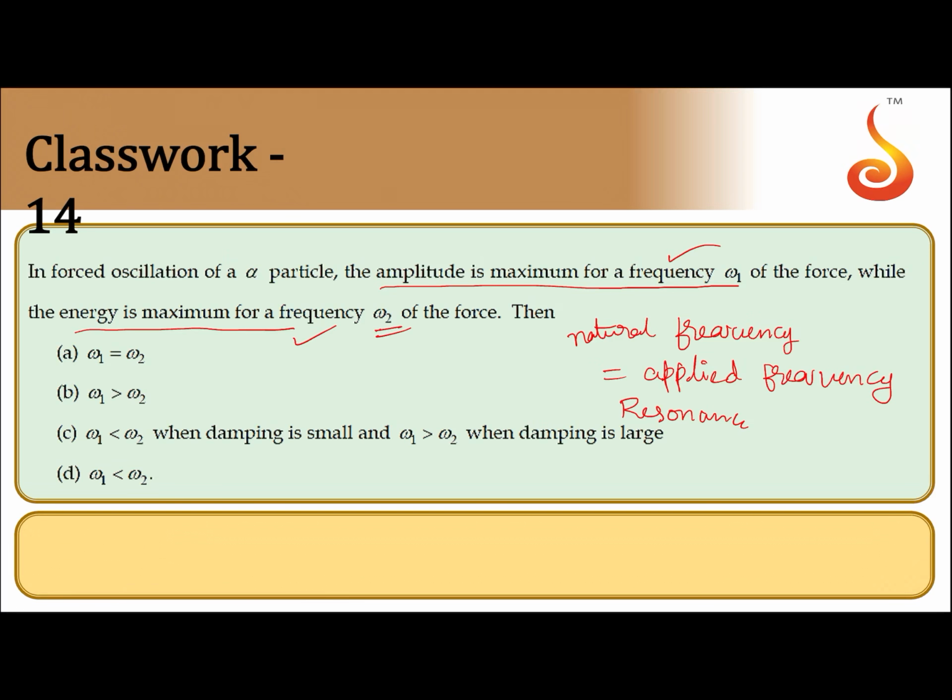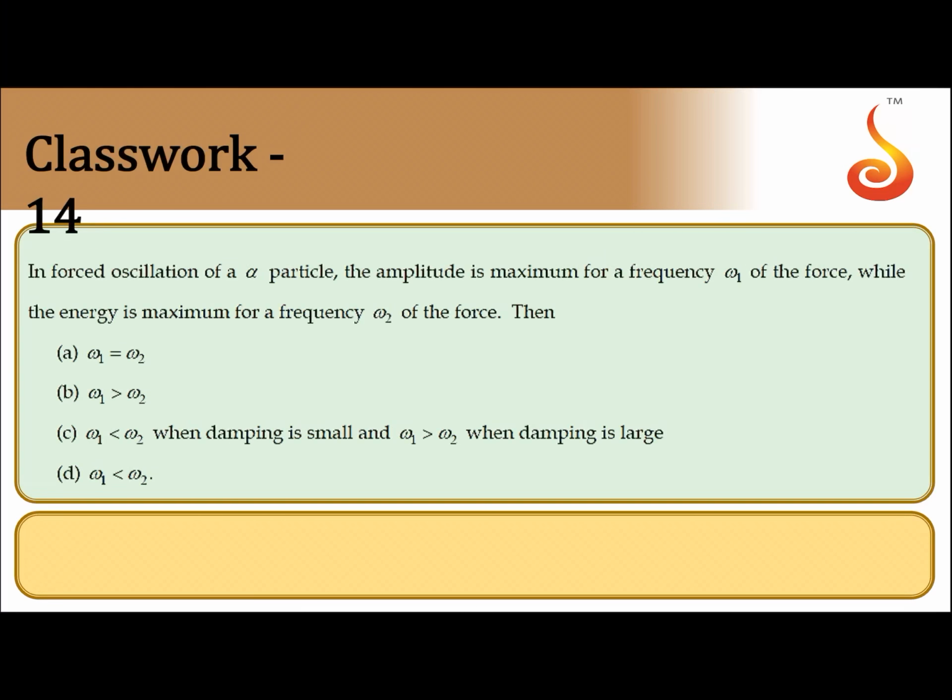So this and this should have the same frequency, so it should be option E. So omega 1 should be equal to omega 2. This is a resonance condition. So these are some of the questions based on oscillations.